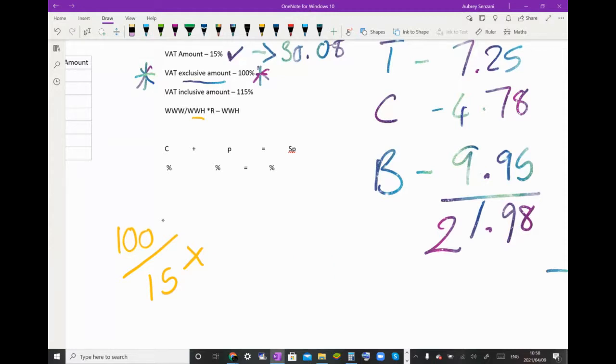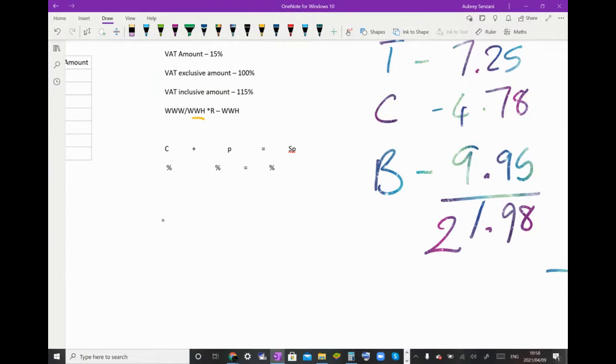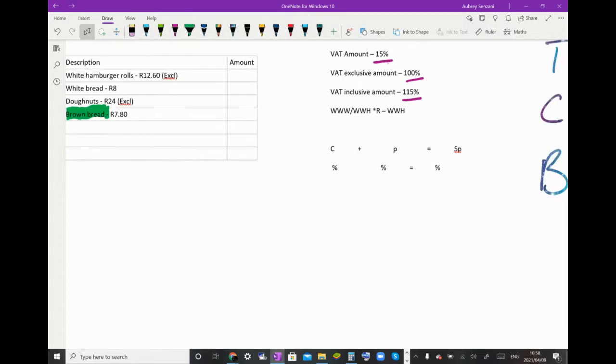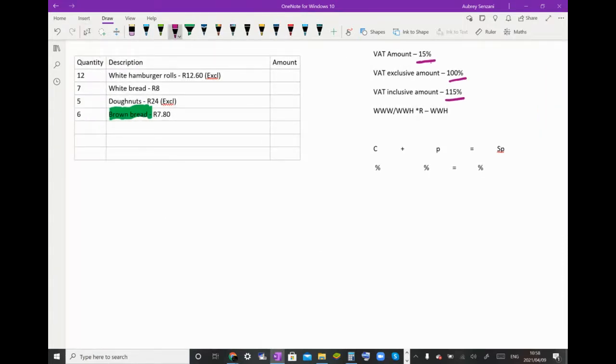How do we apply our formula here? We know that the VAT amount is 15. This is where I'm getting it from. We know that the VAT exclusive is 100 and the VAT inclusive is 115. So how do we calculate the VAT inclusive amount for our white hamburger rolls?